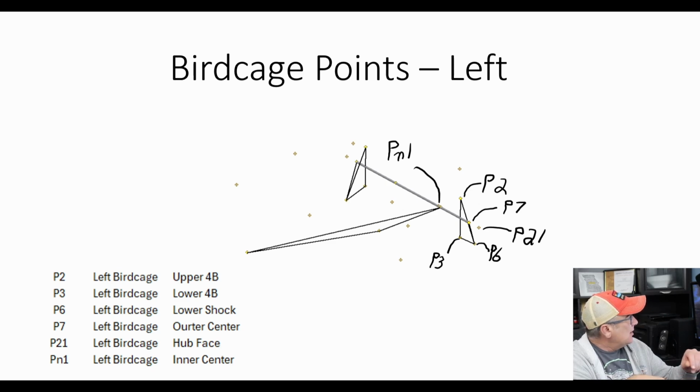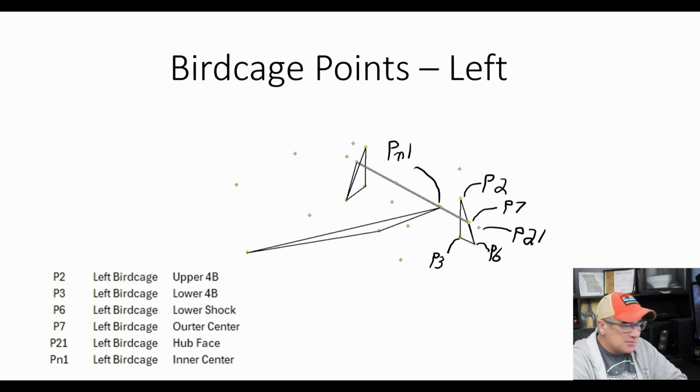Point 7 is the outer point of that axle. Then what I refer to as PN1 is just another numbering system that I'm using for a point. I'm referring to it as an alignment point, and it is the point on the inside of that axle tube. Then point 21 is the hub face, basically the center of where the wheel is going to mount on the hub.